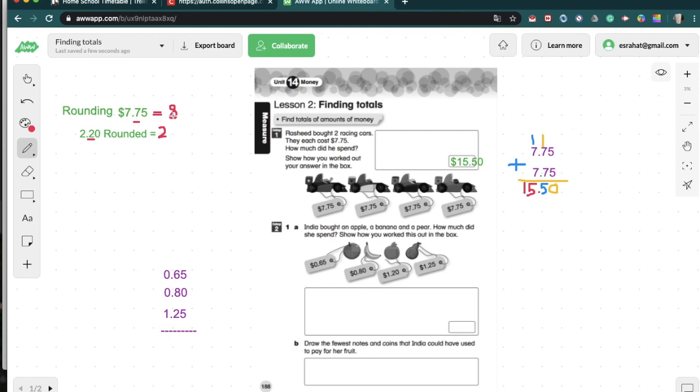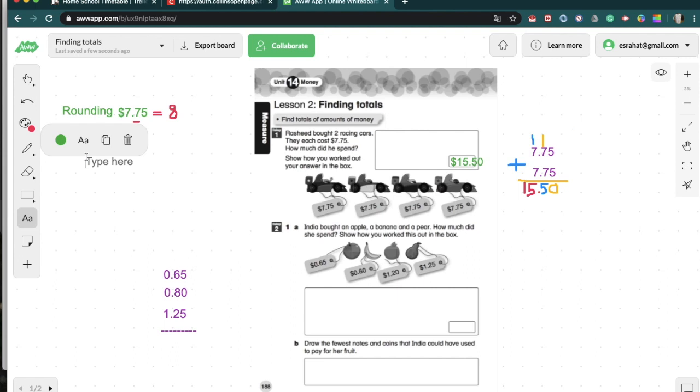So how is that helping us in finding totals? Now we rounded the 7.75 to 8, right? Okay, I think it's easier to add 8 plus 8 rather than adding 7.75 plus 7.75.